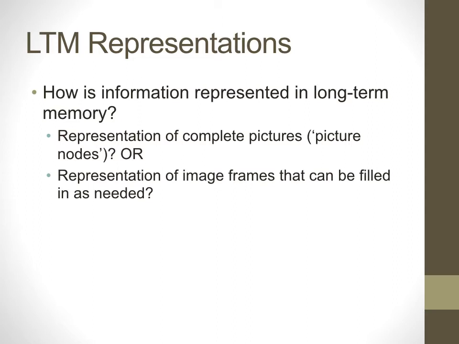So if it's the first one, representation of complete pictures, as an example of this, let's suppose that you wanted to form a mental image of Santa Claus. Since we're getting close to Christmas, you would have to activate the Santa picture nodes in your brain to imagine that image and bring it into your short-term memory from your long-term memory.